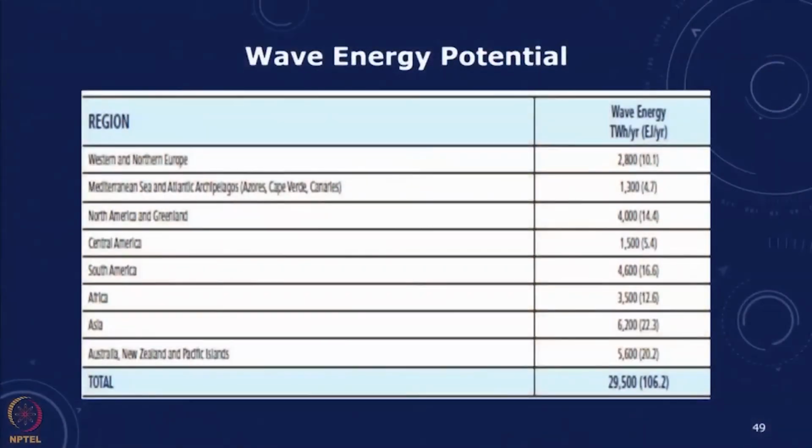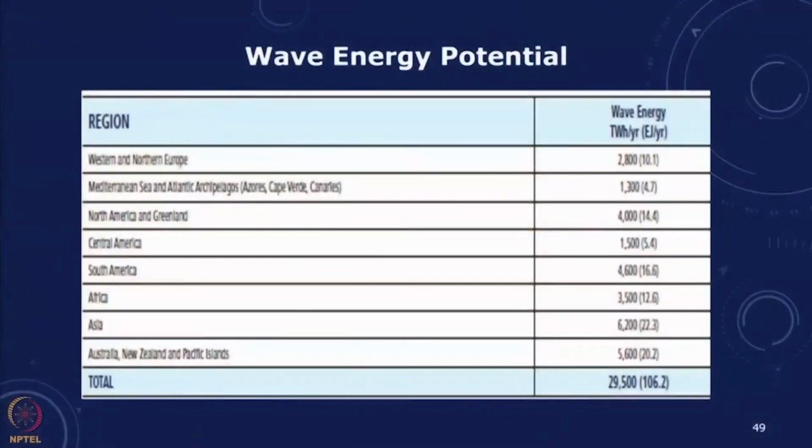The total we are looking at is about 106 exajoules, a very large potential, but cost effective extraction is an issue. There could be breakthroughs, and this could provide reasonable amounts of requirements, especially for islands and coastal regions.